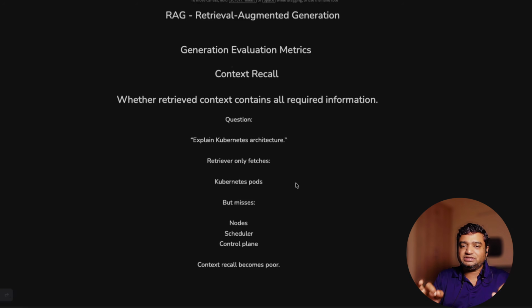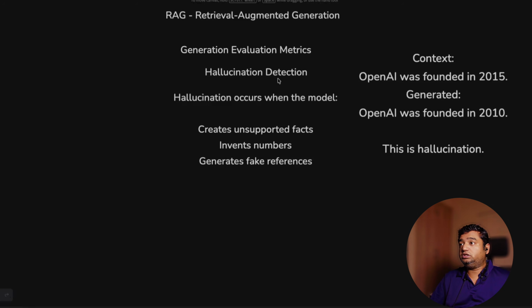That means it misses something. It misses the nodes, the scheduler, the control plane. Context recall becomes poor. So if context recall becomes poor, that means not all of the relevant information is getting retrieved.